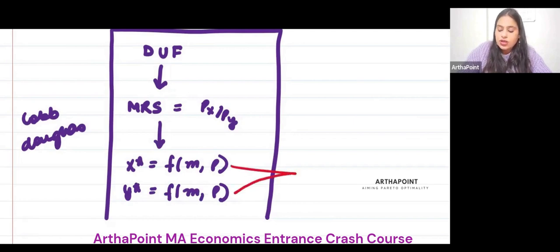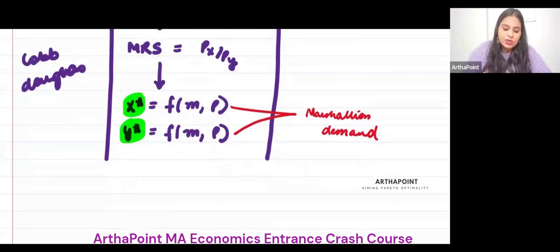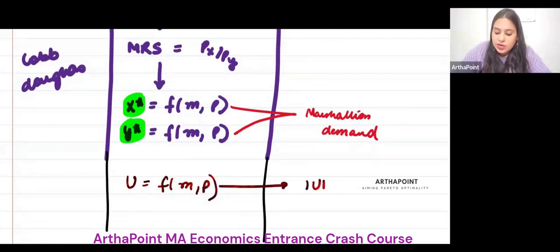This was called Marshallian demand. We put back these X stars and Y stars in the direct utility function, and then we got utility in terms of income and prices. This was called the indirect utility function.